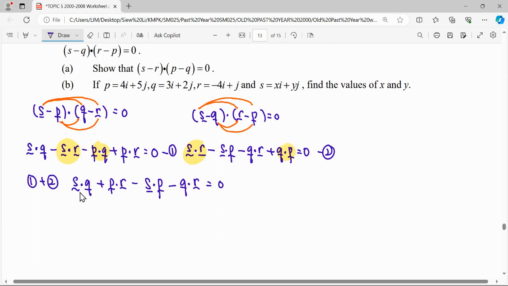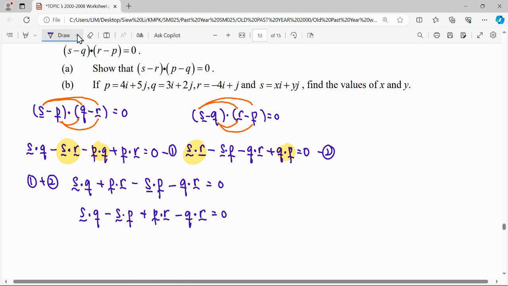So we rearrange for the term involving S, SQ minus SP. Then for the term involving R, PR, QR.